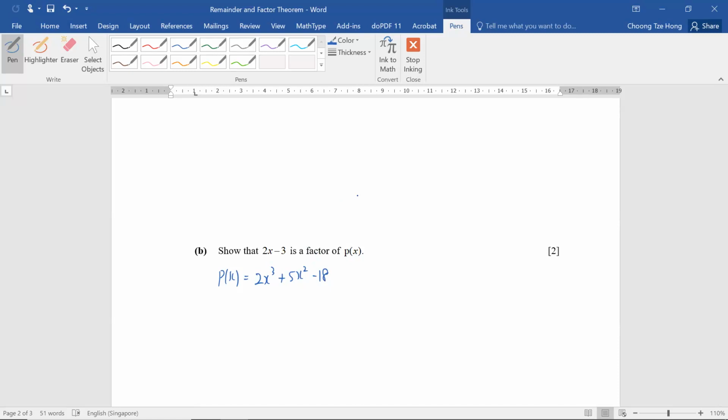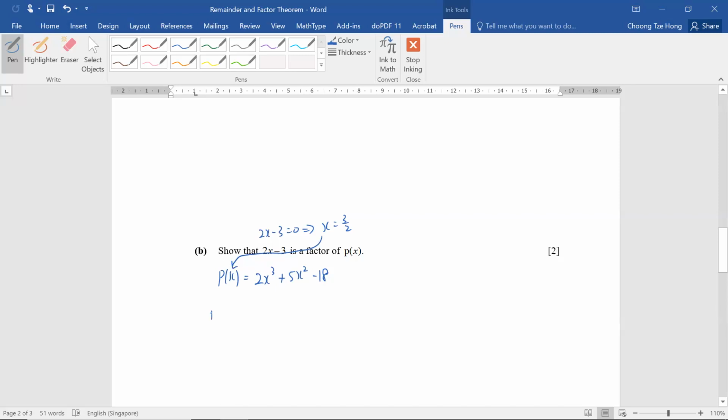So I find the remainder where you divide by 2x minus 3, and then hopefully I get 0. To get the remainder, remember, make 2x minus 3 equal 0. So x equals 3 over 2, and sub this 3 over 2 inside the p(x).